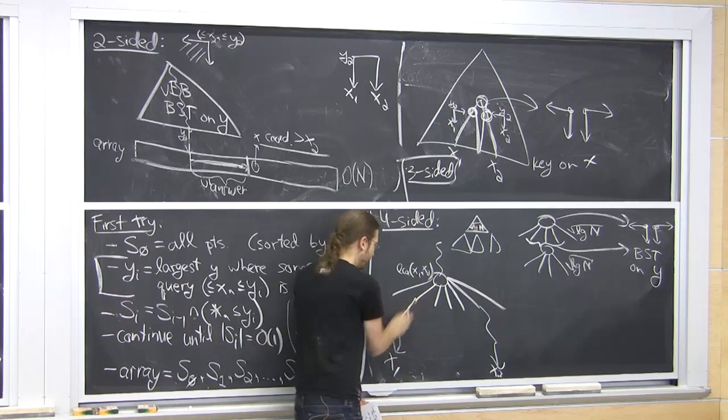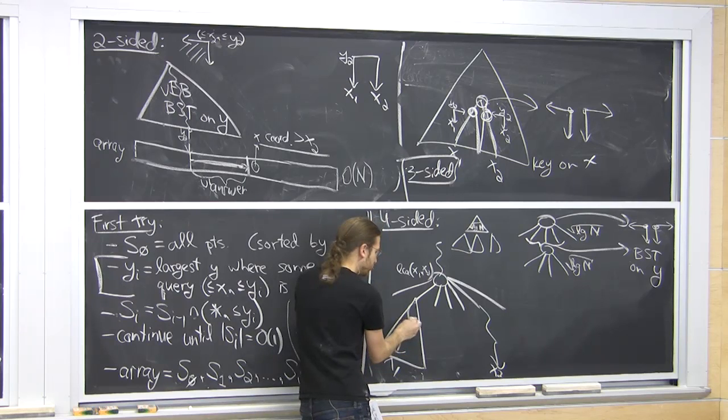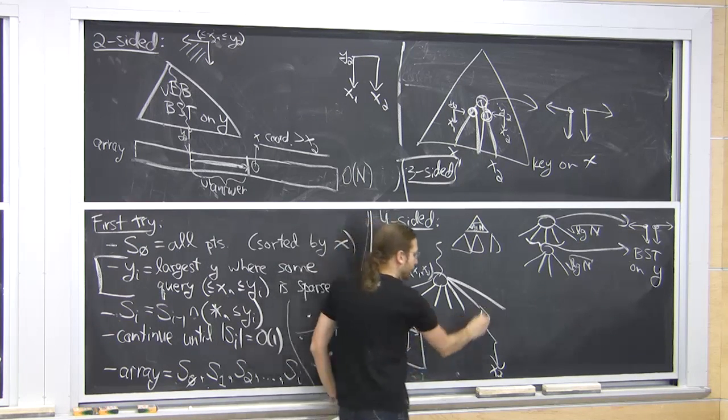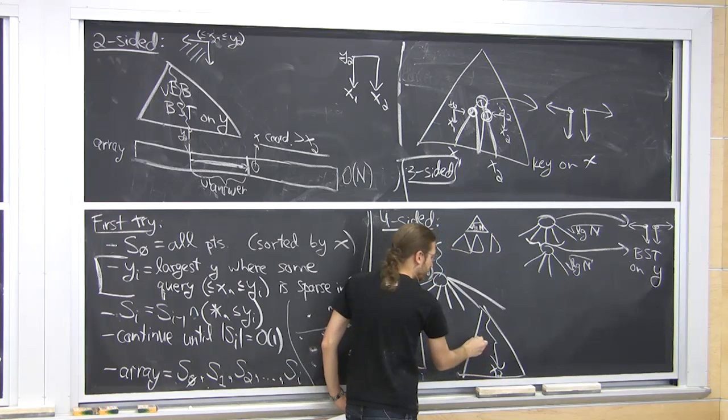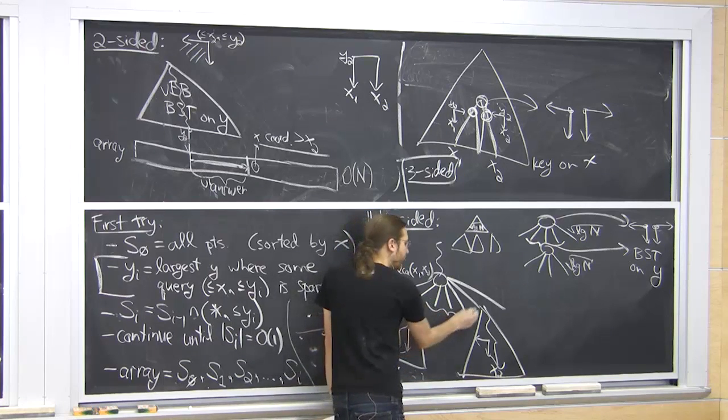Okay, so in this subtree, we do this range query, because we want to go from x1 to infinity. Over in this subtree, we want to do this range query, because we want to go from negative infinity to x2. But then there's all this stuff in the middle.